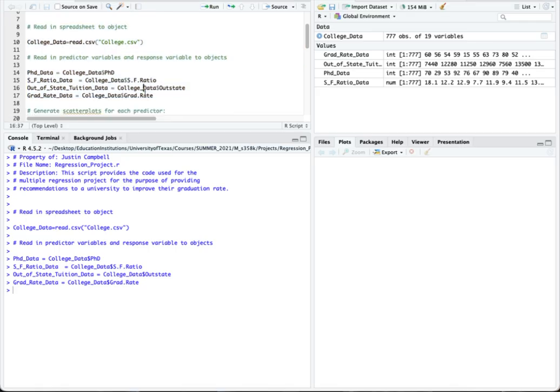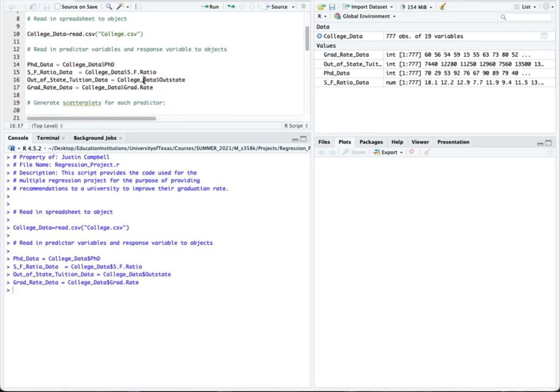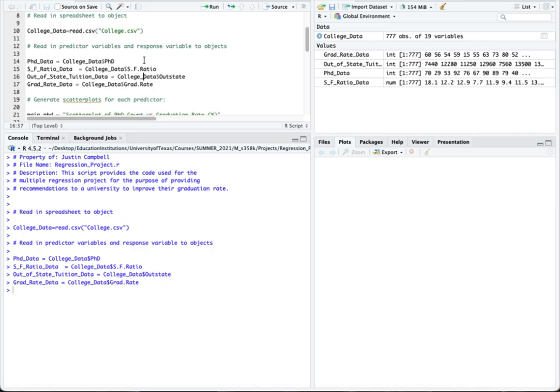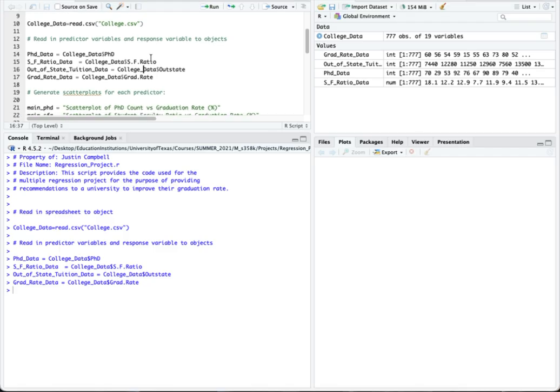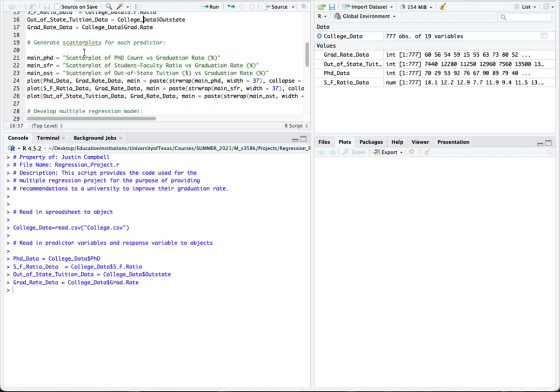Through exploratory analysis, scatter plots were rendered for several combinations of predictor variables to visualize trends with the graduation rate before identifying three quantitative predictors, namely the count of faculty with PhDs, student-faculty ratio, and out-of-state tuition, to incorporate into the model.